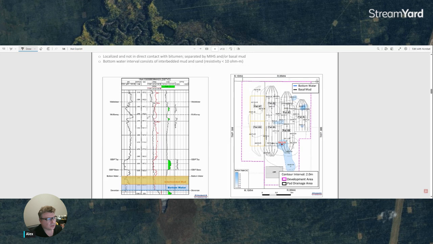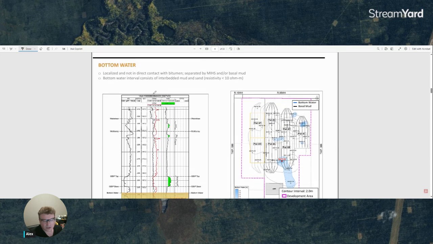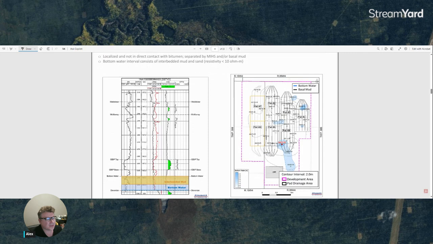Obviously, when we look at the log, and you learned about logs already in your other classes, we have localized bottom water not in direct contact with bitumen. Bitumen is the oil we're producing, separated by MIHS and or basal mud. IHS stands for inclined heterolithic stratification. Those are the non-permeable or low permeability geologies.